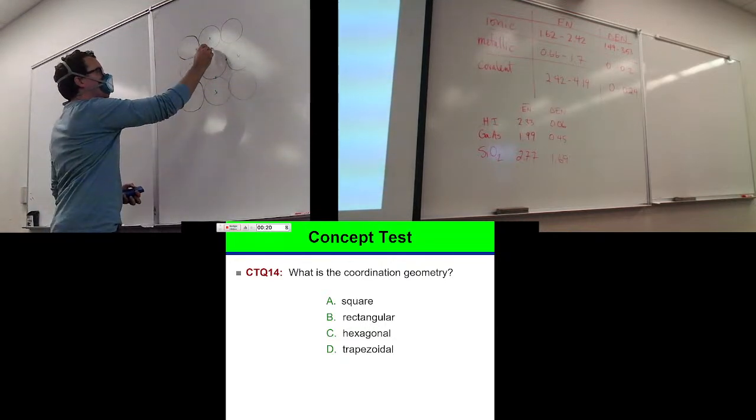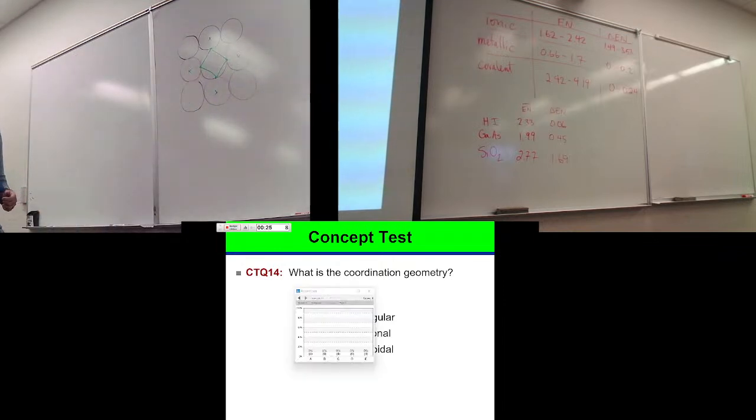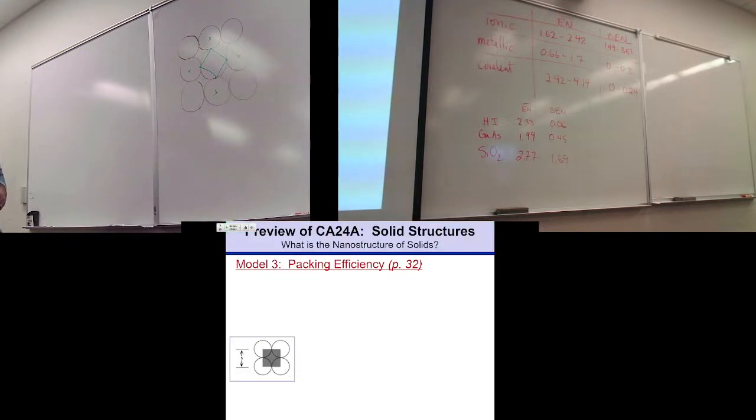Yeah, so it looks like a square to me. So square is the answer in this case, okay? This is kind of just an example of coordination number and geometrical arrangement.